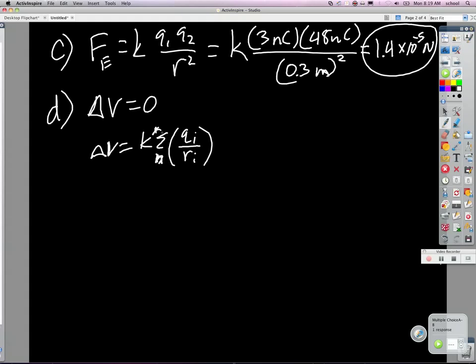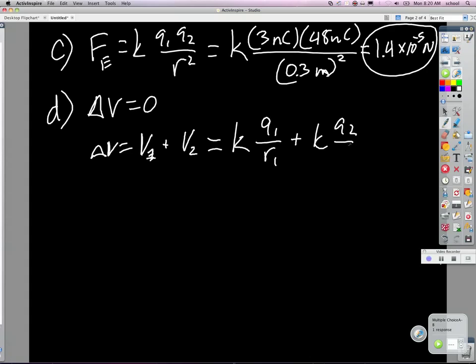This is not the R1 and R2 from parts A and B, because A and B were both in relation to particle P, the one over there. But this is saying in between them. So if we've got Q1 here and we've got Q2 here, and there's 0.3 meters between them, X marks the spot where the electrical potential is 0.